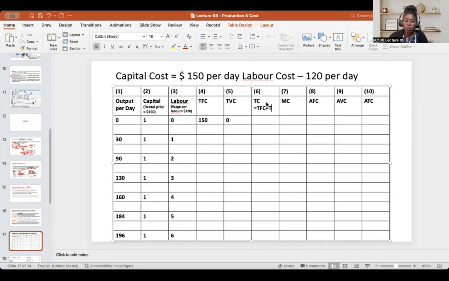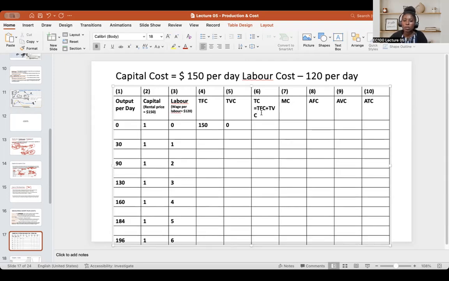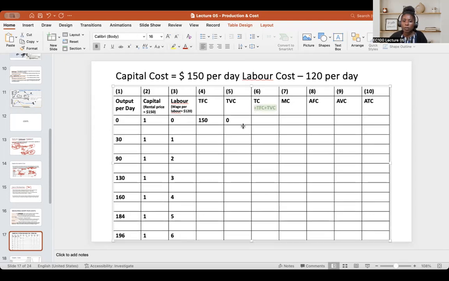So you simply add column 4 and column 5, and you're going to get 115, all right?